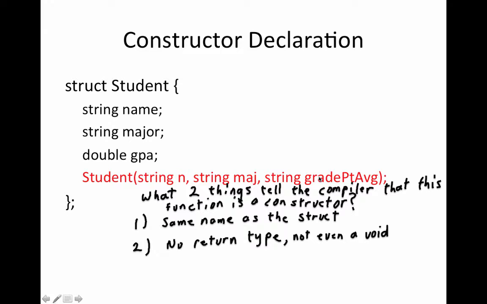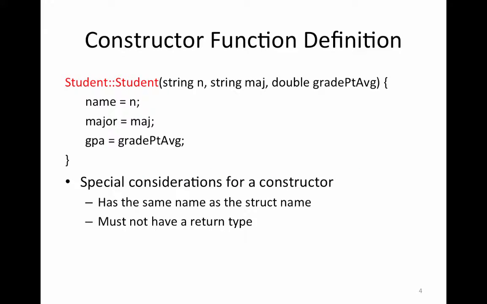These are presumably the values that you're going to use to initialize this struct with. The second part of it then is once you have declared a function prototype in the struct, you're going to have to put a function definition after main.